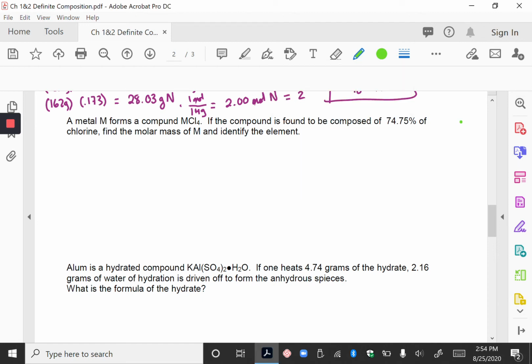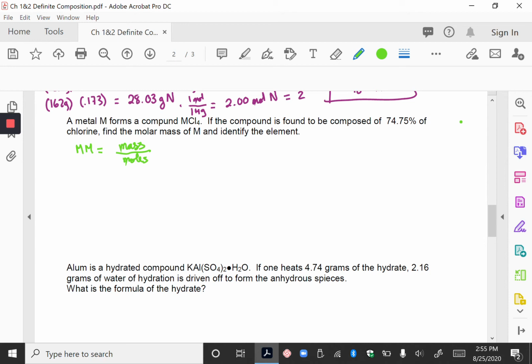It's mass per mole. So molar mass is mass or grams over the number of moles. So let's see if we have either one of those. Well, looks like we don't. So how can we find the mass and the moles of M?